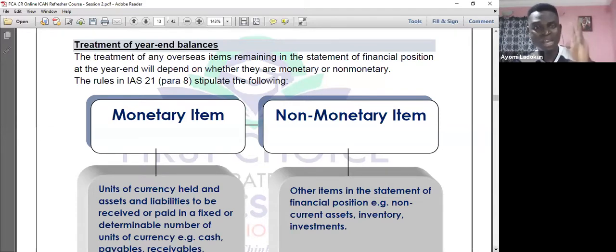For example, cash, payables, receivables, or loans. If that transaction relates to cash, payables, receivables or loans, that is a monetary item. According to IAS 21, I must retranslate using the year-end rate.